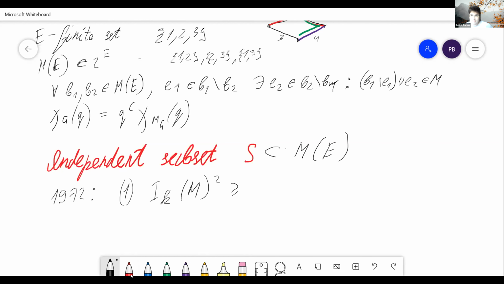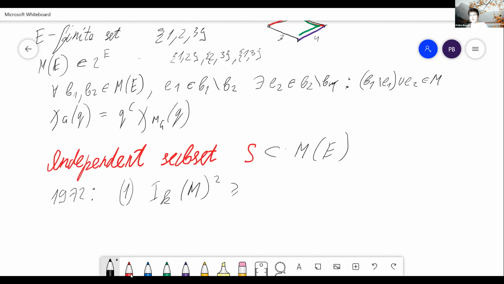Maybe I should repeat that again in English because I think I created quite a confusion. So we have a finite set E, which can be just perceived as a finite set of n numbers. And then we consider a matroid, which is a subset of the set of all subsets of E. So it contains as elements subsets of E. And then we consider an element of the matroid.